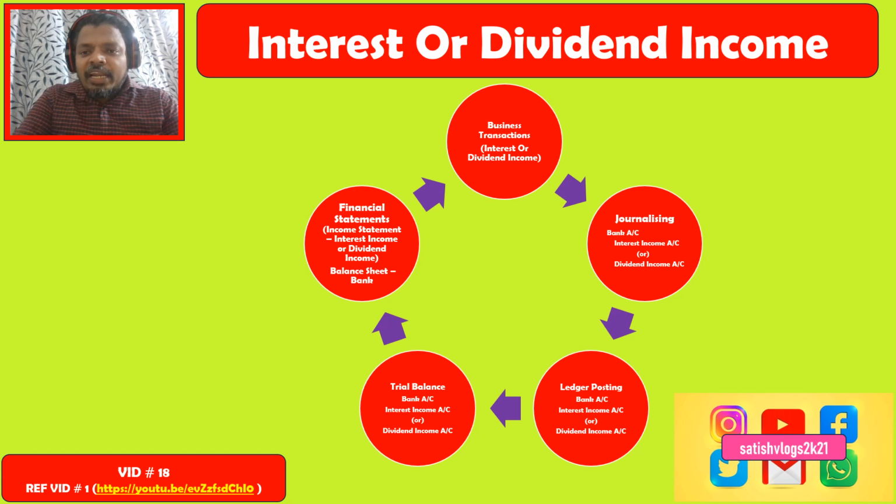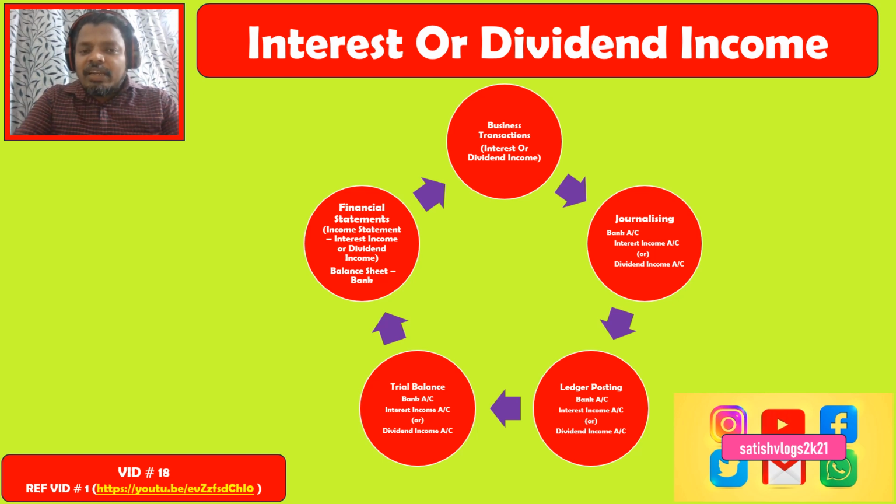And there would be an income, the dividend income or interest income, etc. So all those incomes are supposed to be credited, because incomes fall under which account? Nominal account. What is the golden rule for nominal account? All expenses or losses are required to be debited, and all incomes or gains are supposed to be credited, right? So as the dividend or the interest are incomes, these need to be credited, and the debit needs to be given to my bank account.